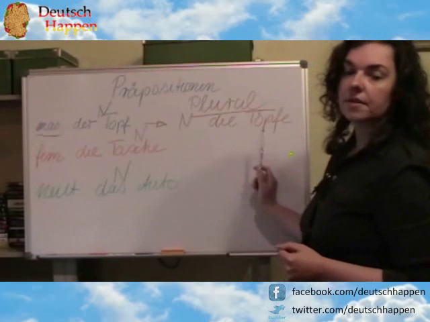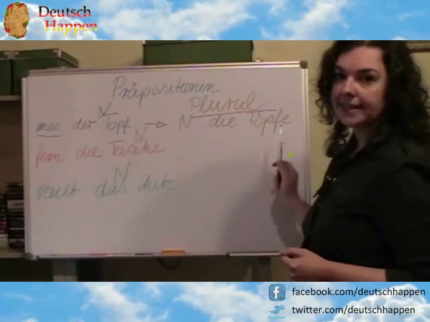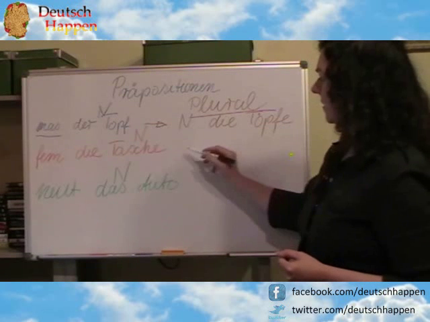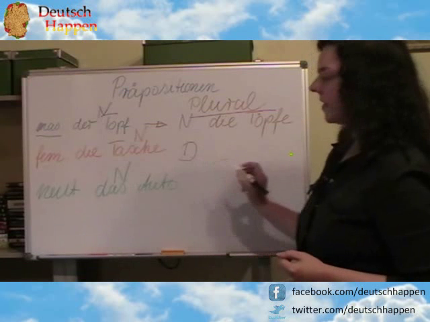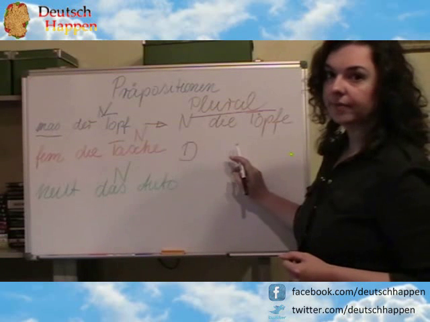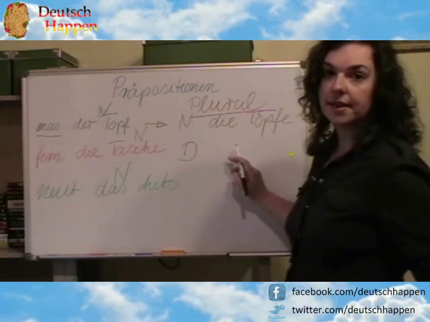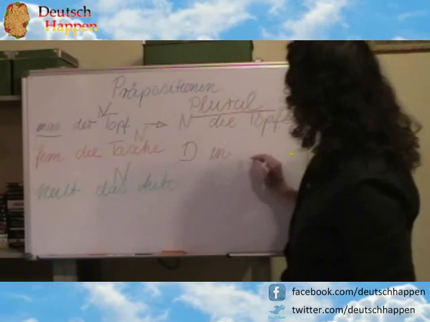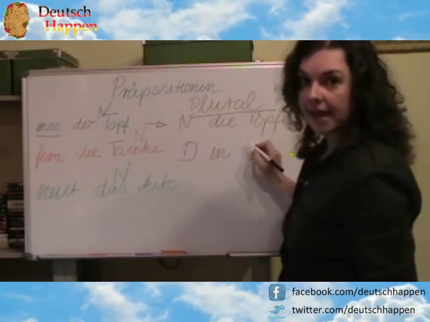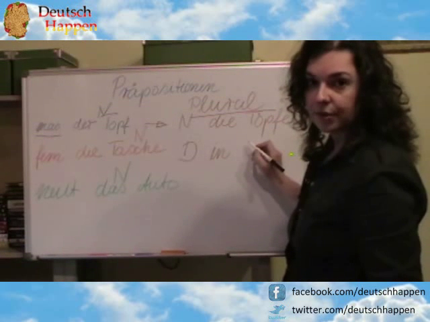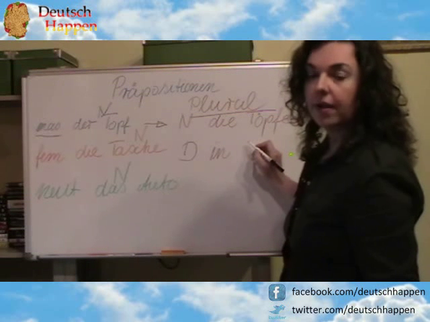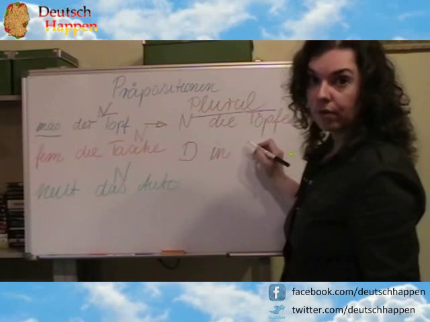Die Töpfe, so umlaut plus E at the end. Die Töpfe. Now interesting is of course to get our dative. So we need our preposition again, in. And it becomes in den Töpfen, because you now need dative masculine plural.